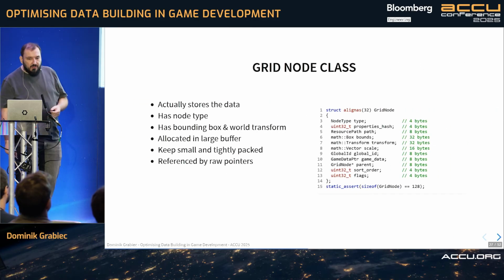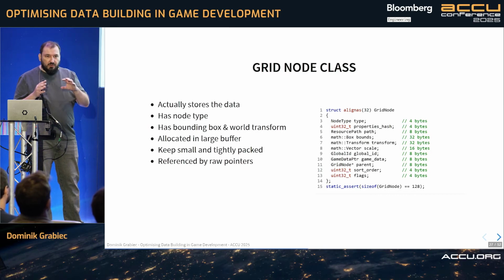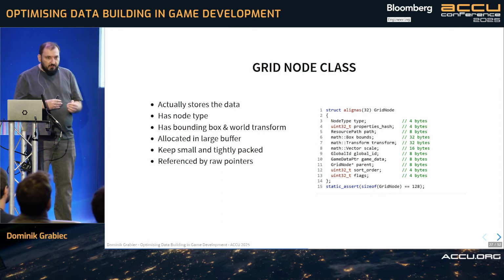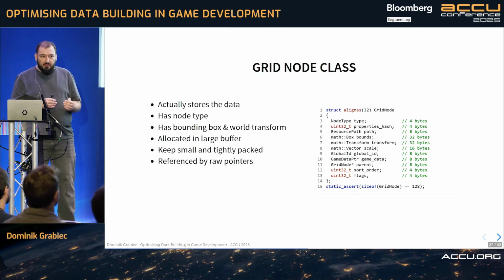And finally, you have the grid node class, or struct, as it were. This is the one that gets created for every node in the world. So you want it to be as tightly packed as possible, because there will be millions of them. For modern AAA games, we're reaching probably tens of millions and probably higher soon.